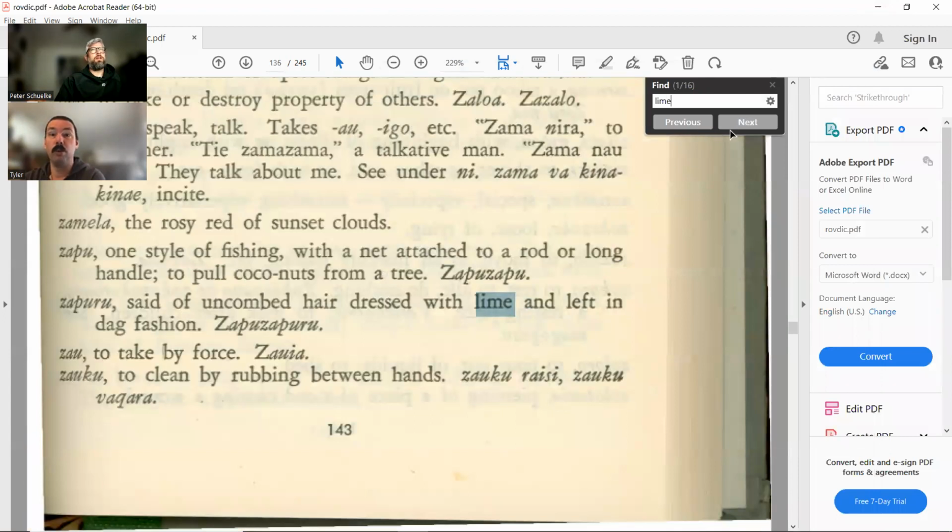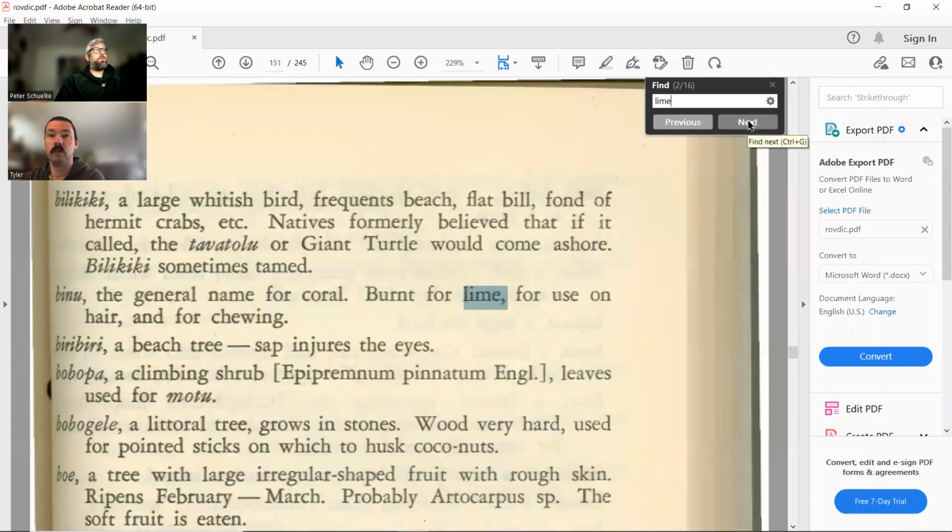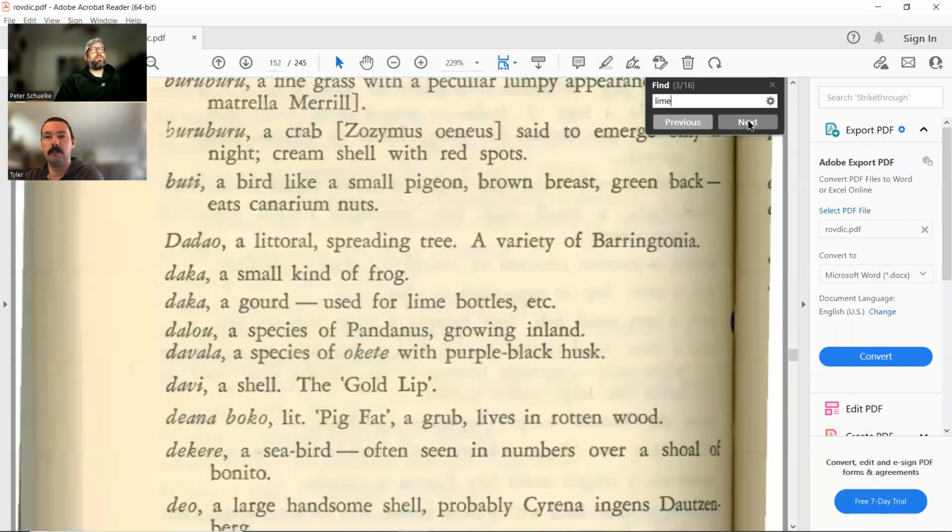There'll be a word for it. Binu. Binu, the general name for coral, burnt for lime, for use on hair and for chewing. Yep. Dhaka, a gourd used for lime bottles, etc. So, what's going on with lime?